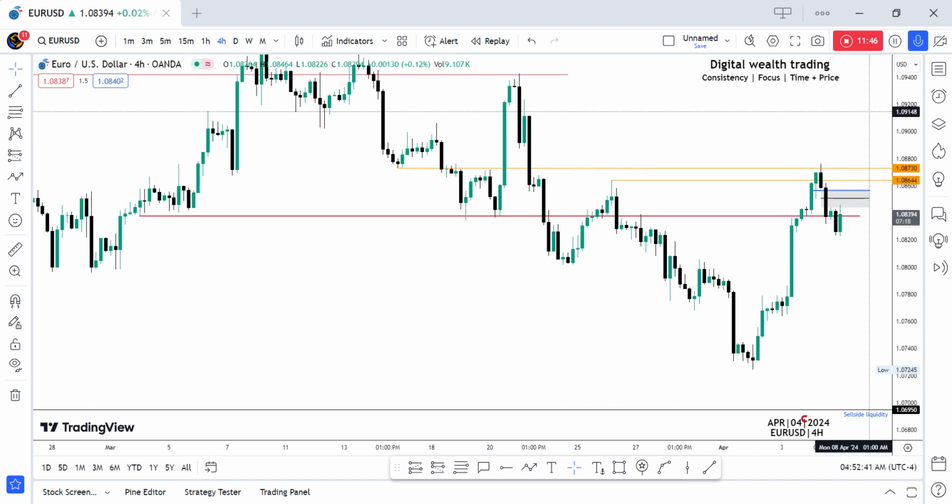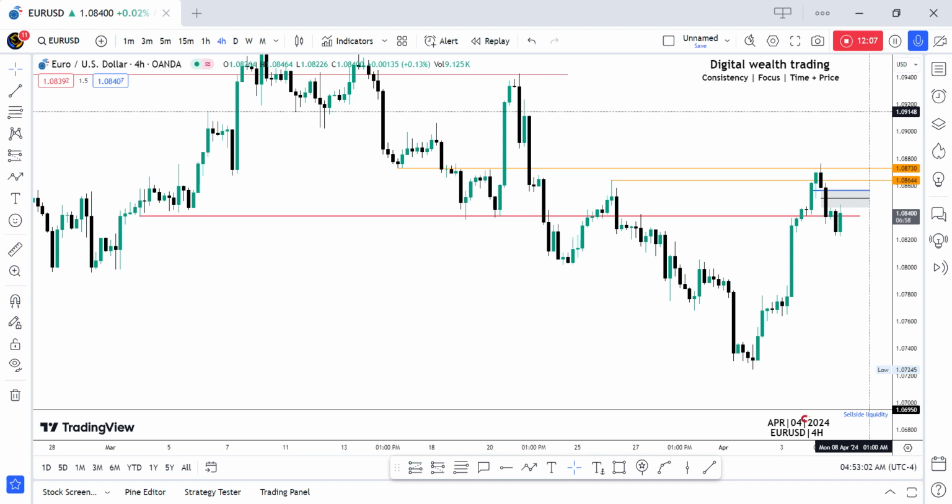So this is the 4 hourly contract for Euro US dollar, and I will not waste our time. I'll just get back into what I have here. The Euro US dollar 4 hourly contract showed nicely how price delivered impulsively from Wednesday to Thursday.